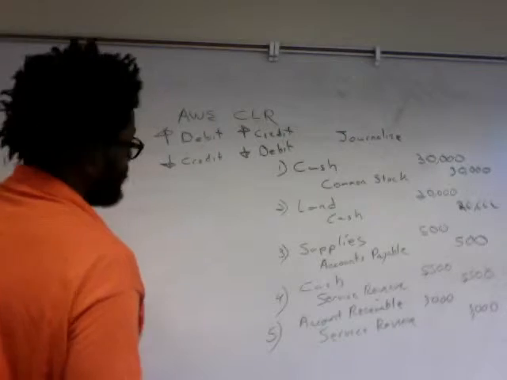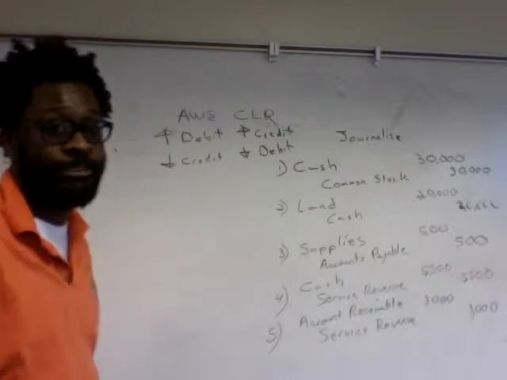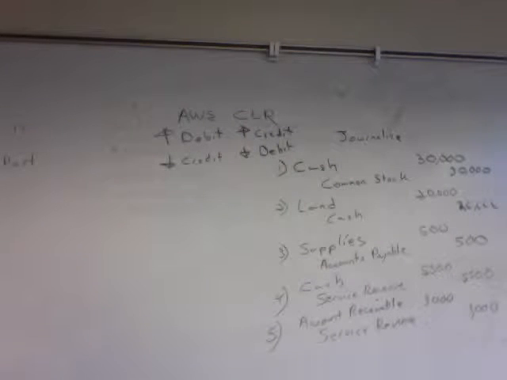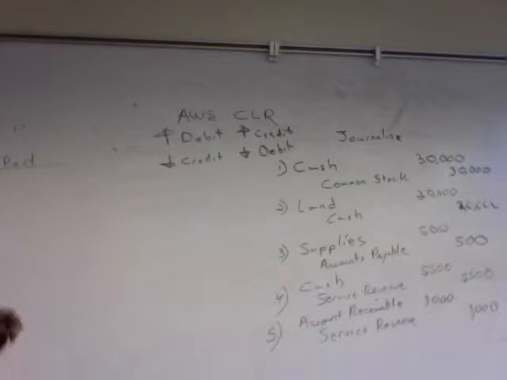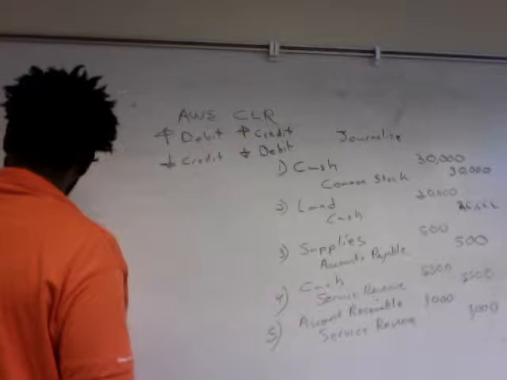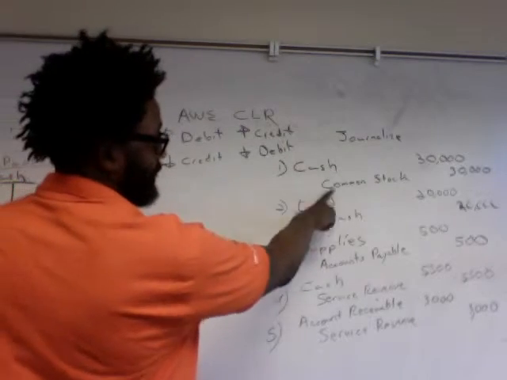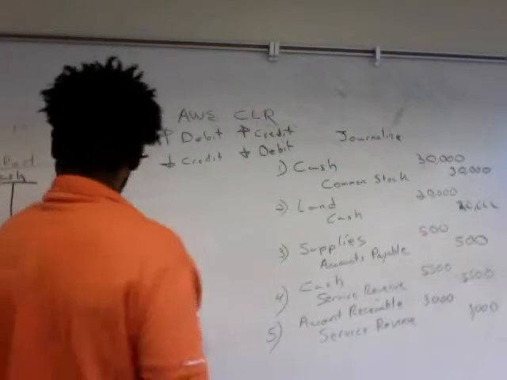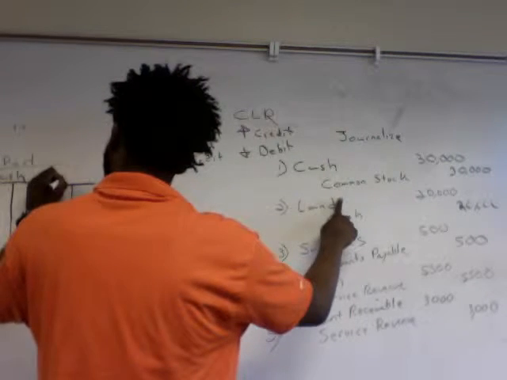So each one of these accounts that have been affected, if we went into the actual T account, they would have several different accounts with their own T accounts, right? So we would have cash, and I'm just writing them out as I see them, guys. No particular order. Common stock.